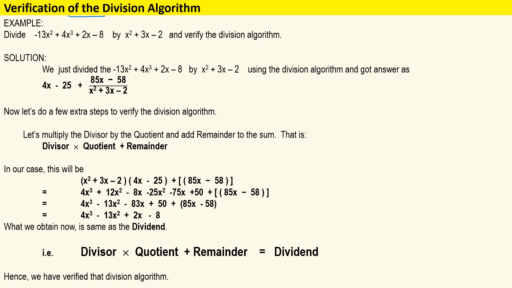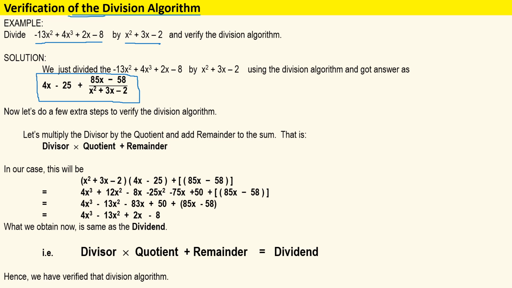Before we end this session, let's do the verification of the division algorithm. We have just seen that when we divide minus 13x squared plus 4x cubed plus 2x minus 8 by x squared plus 3x minus 2, we get the answer 4x minus 25 plus (85x minus 58) divided by (x squared plus 3x minus 2).